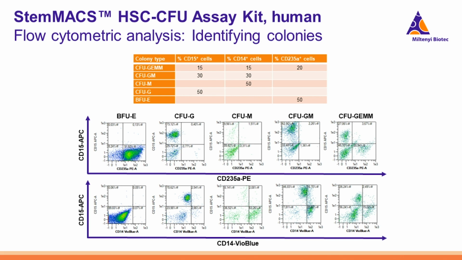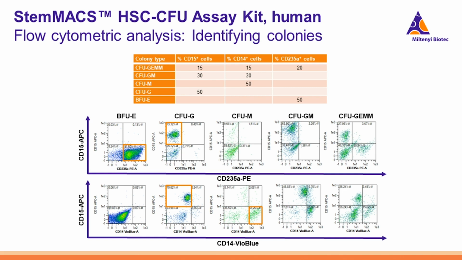The percentages of CD15, CD14, and CD235A positive events are displayed on each quadrant. The BFUE shows CD235A positive events, at least 50%. The CFUG shows CD15 positive events, again, at least 50%.